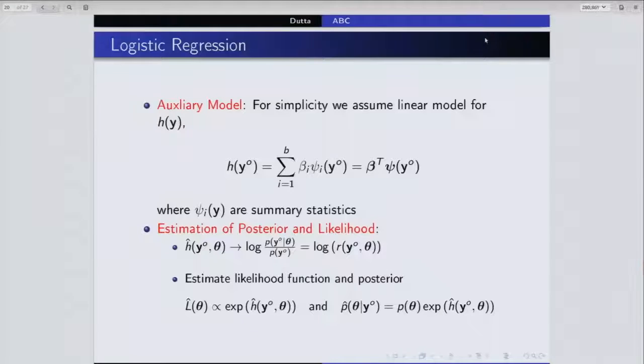But everywhere there has to be some sort of approximation. That was an unconstrained scenario where h can be any function. In a general logistic regression scenario, you have to restrict h to some class and then work with it. So for simplicity, we assume a linear model for h. These are your summary statistics, like we have seen all these different summary statistics.